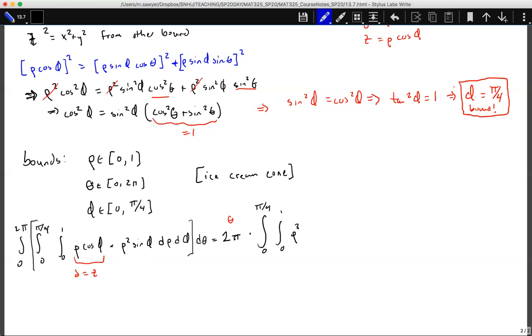So combining some terms, we get rho cubed cosine of phi sine of phi, d rho d phi.